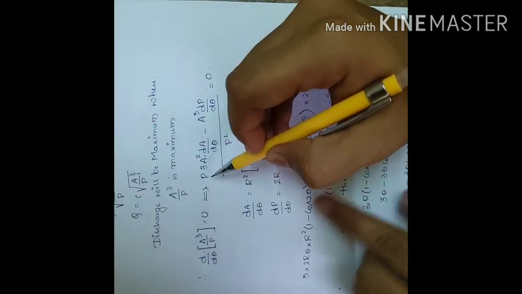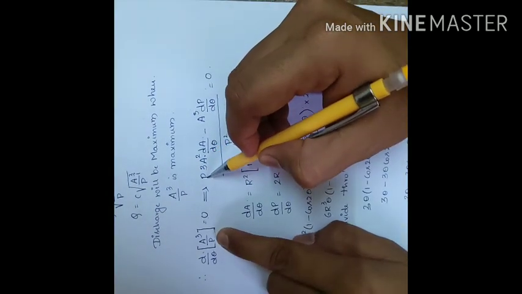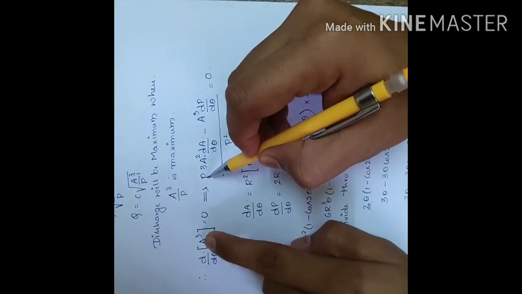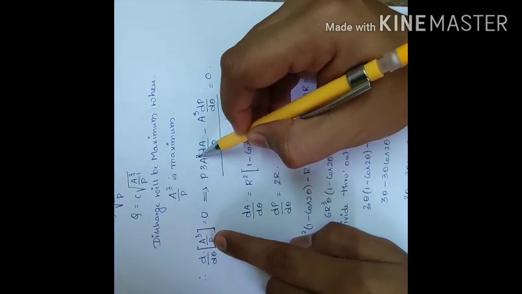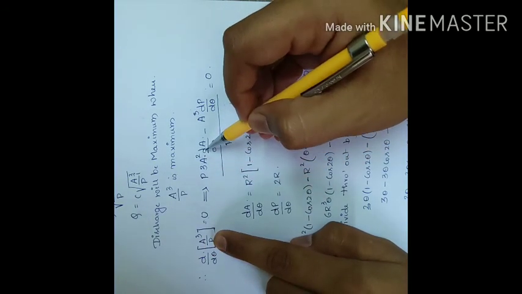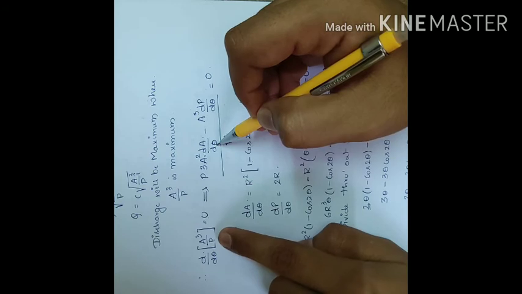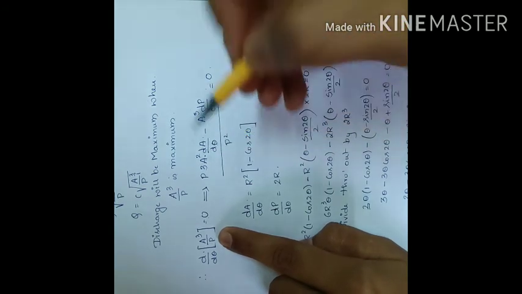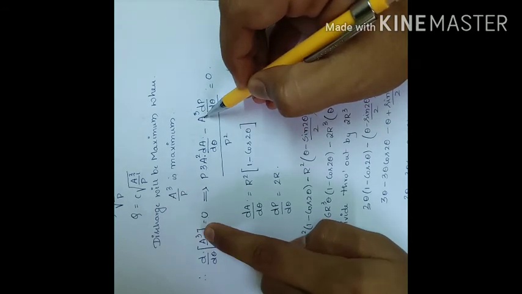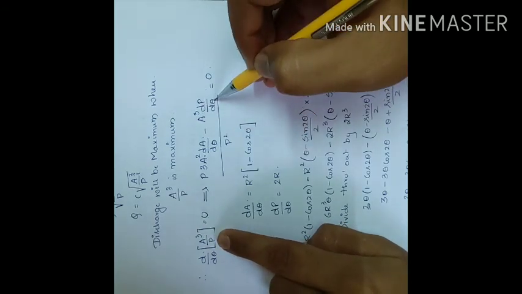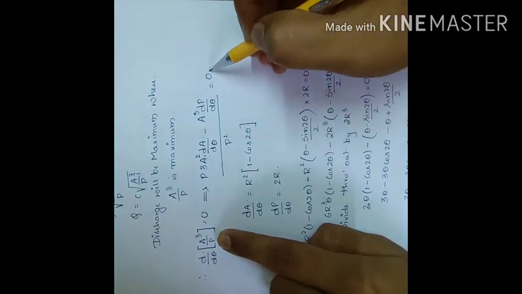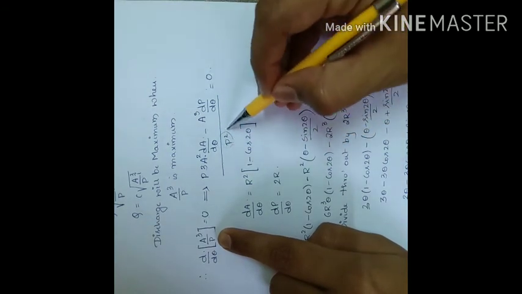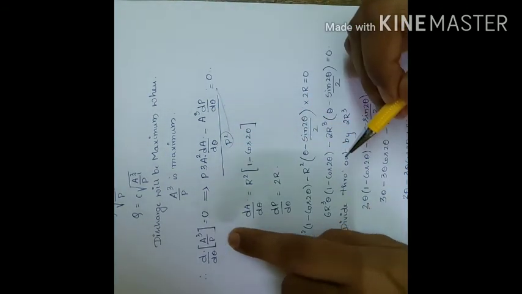The denominator P is kept as it is, then differentiation of A cube is 3A square times dA by d theta, minus A cube kept as it is times differentiation of P with respect to theta, divided by P square, is equal to 0. This P square goes to the right-hand side and it becomes 0.